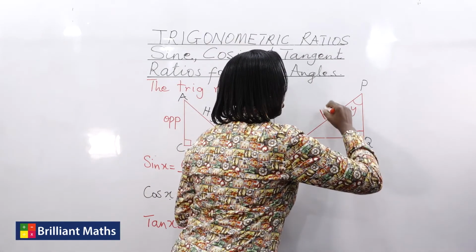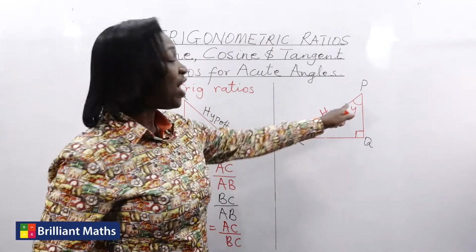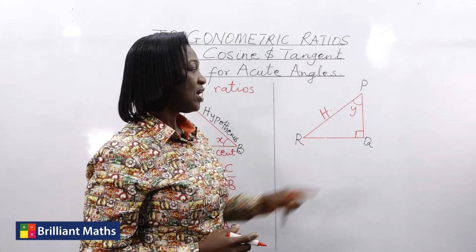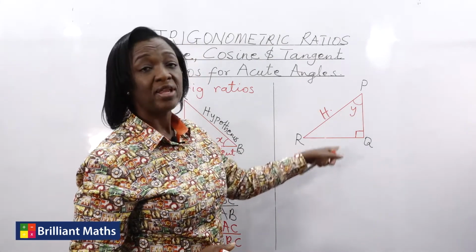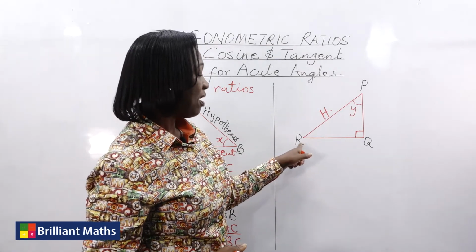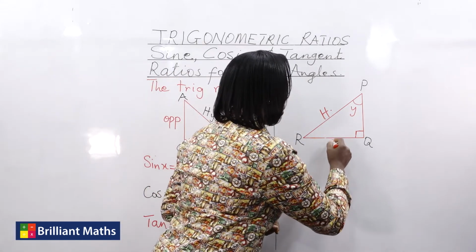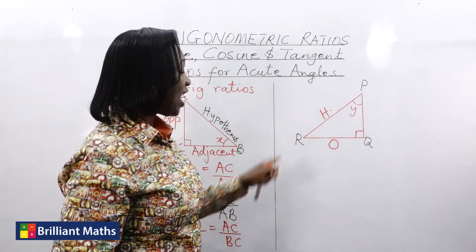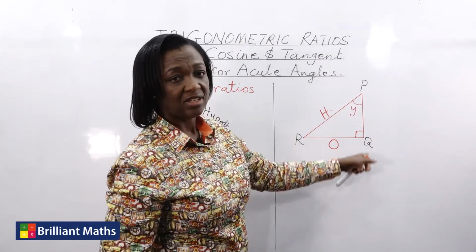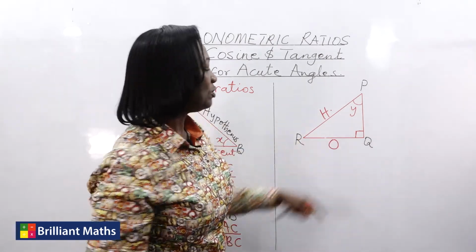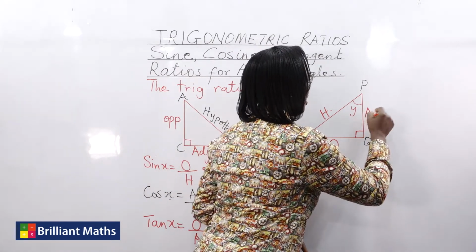So that's our H. For angle Y, where will the opposite be now? The opposite to angle Y will be the line RQ or QR. So that will be O. And the adjacent for angle Y will be the line PQ. So we'll call that A.